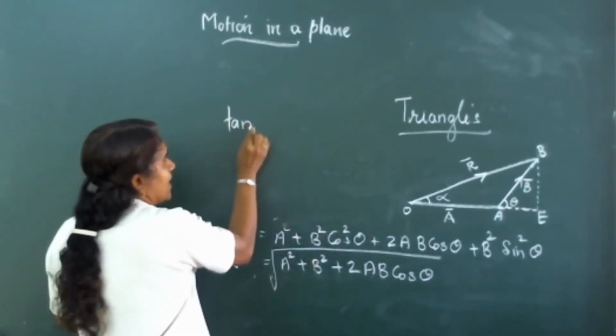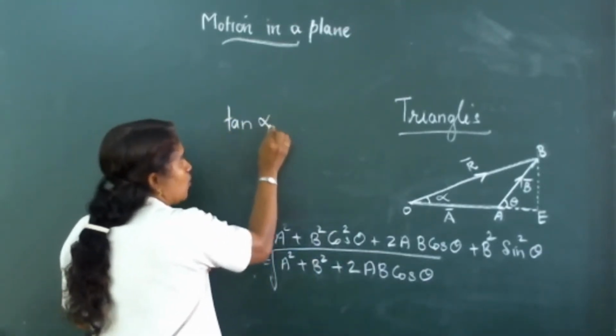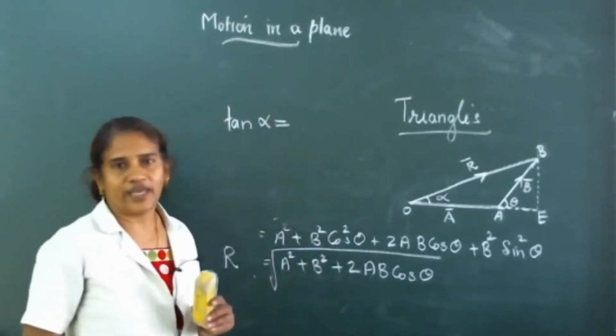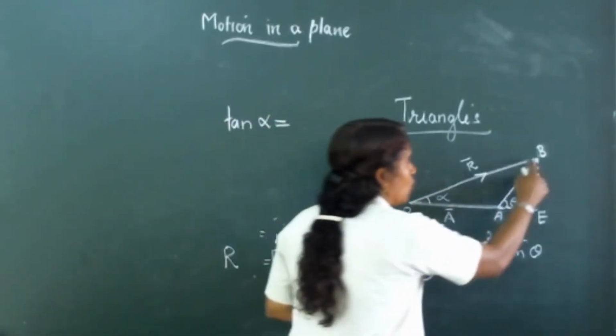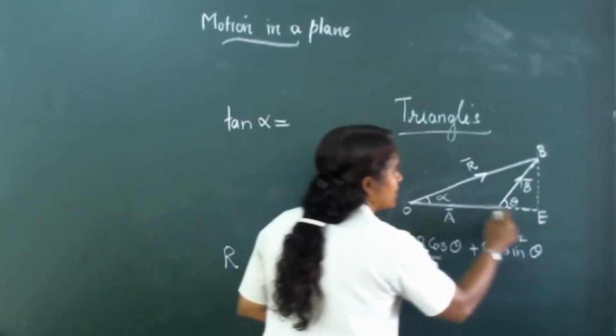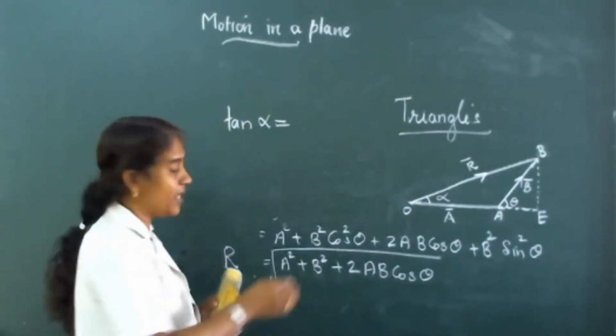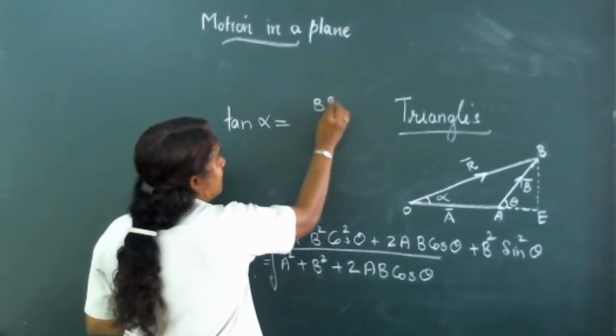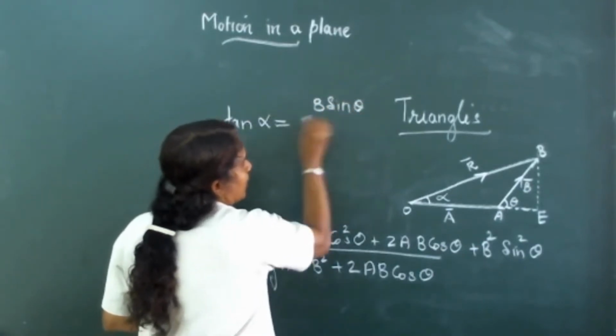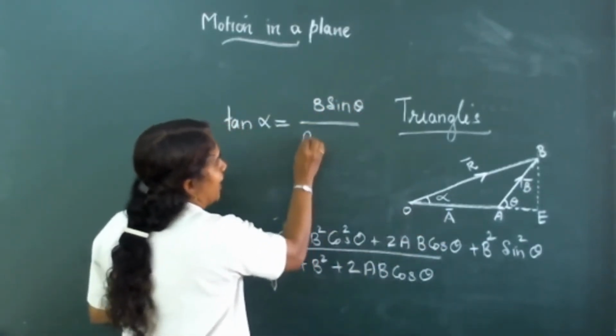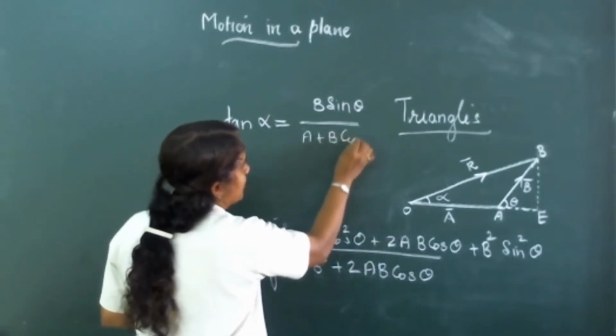So the direction of that resultant vector we can calculate by taking that angle alpha. Usually, directions are in terms of tan. So, what is tan alpha? Opposite side by adjacent side. BE by OE. What is BE we have seen? B sin theta. What is OE? A plus B cos theta.